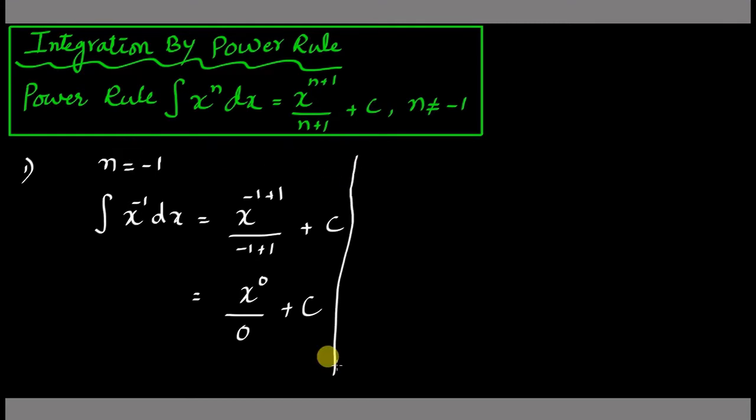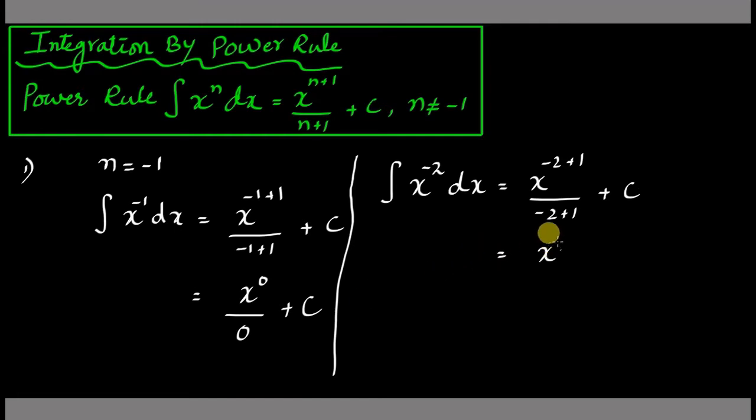But if we choose any other negative integer other than minus 1, then no problem at all. You can see x raised to power minus 2 can be solved easily. x raised to power minus 2 plus 1 over minus 2 plus 1, plus c. After simplification the result will be x raised to power minus 1 over minus 1, and further simplification will give this result.